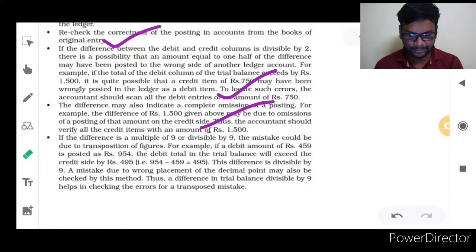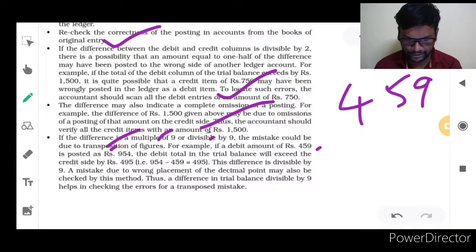If the difference is a multiple of 9 or divisible by 9, the mistake could be due to transposition of figures. For example, if a debit amount of rupees 459 is posted as 954.